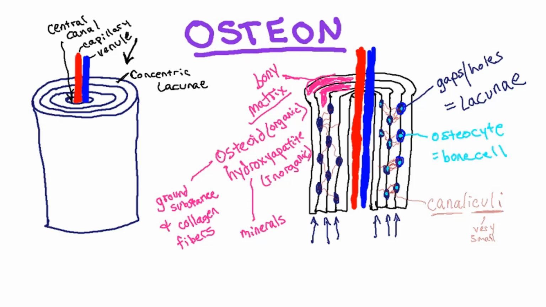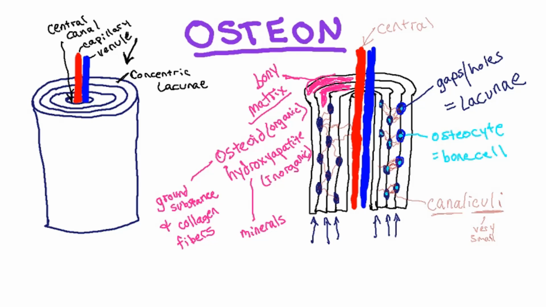Because see, how else would these bone cells get any nutrition from this artery in the central canal? Because this artery, or this capillary, which is a small artery, just runs down the central canal like that.